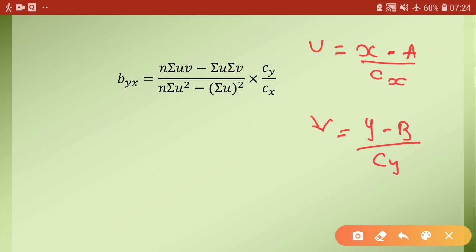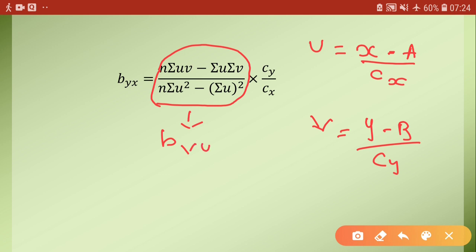Now what we are doing, we will name this particular thing, the part I have circled in red, as BVU.